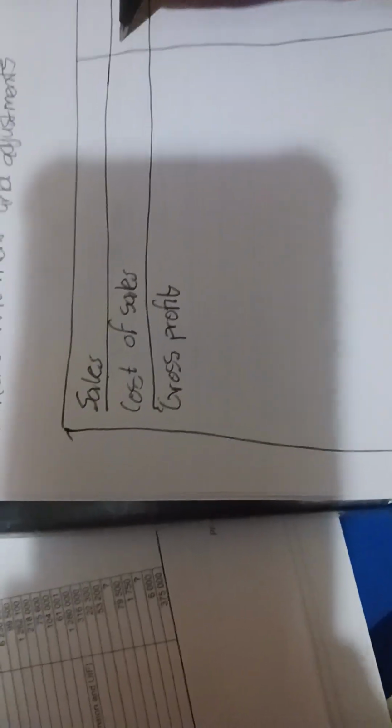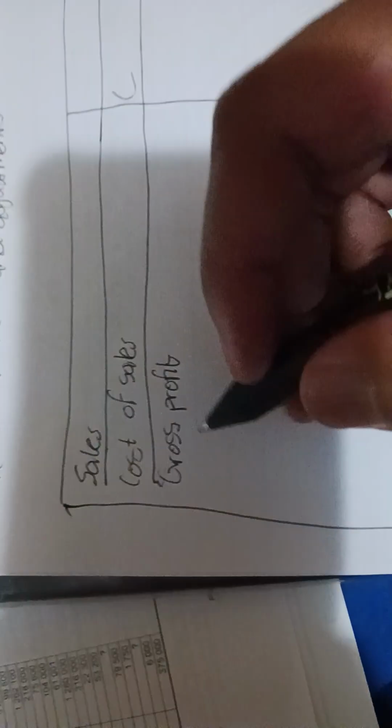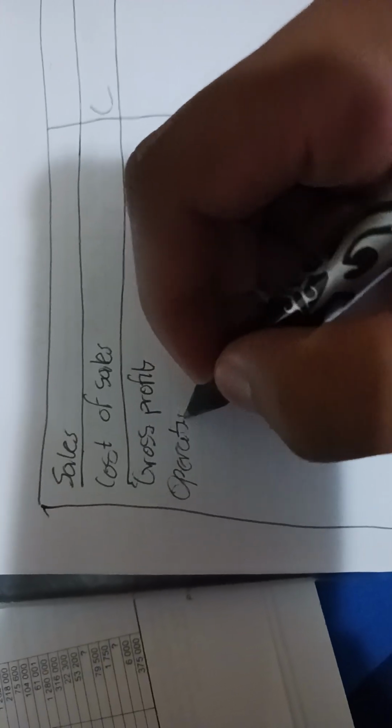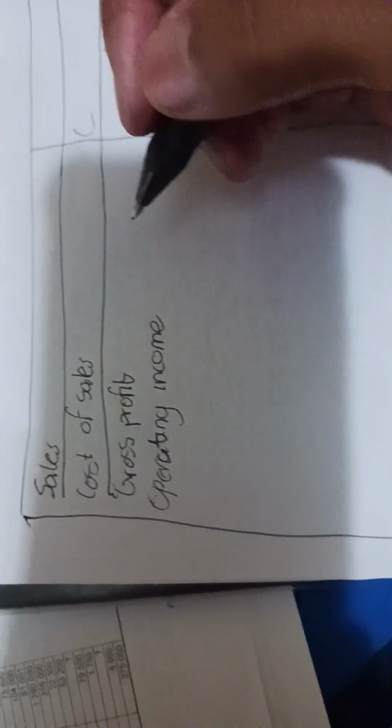As you know, you put brackets there. Gross profit, and then you have your operating income. We can't go further because we don't know how many items are there, but as I'm saying, it's very important to understand.